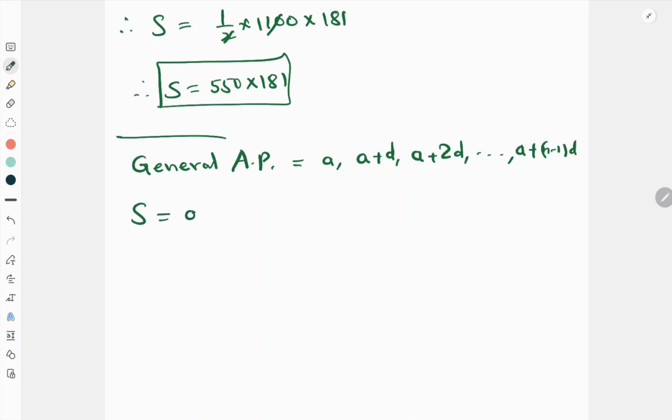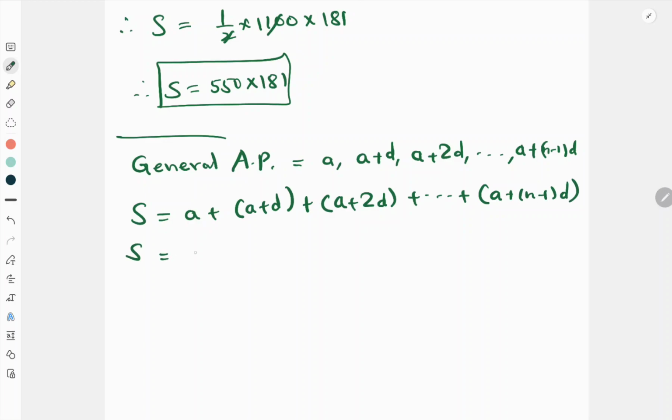Again, let's try as before. S is a plus a plus d plus a plus 2d, plus all the way a plus n minus 1 times d. Let's write it in reverse. S is also equal to a plus n minus 1 times d, plus so on, all the way plus a.